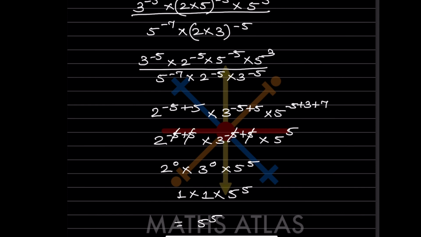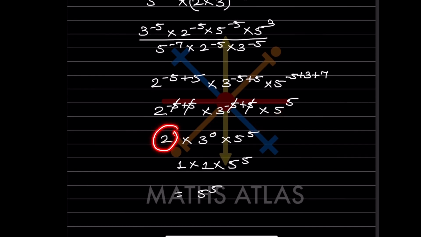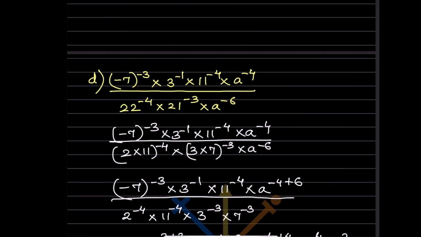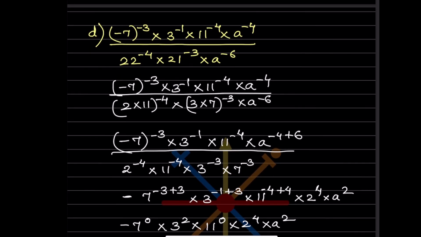So that is going to be 0: 2 raised to 0 into 3 raised to 0 into 5 raised to 5. Anything raised to 0 is 1. So 1 into 1 into 5 raised to 5, that is going to be 5 raised to 5. Now here minus 7 raised to minus 3.